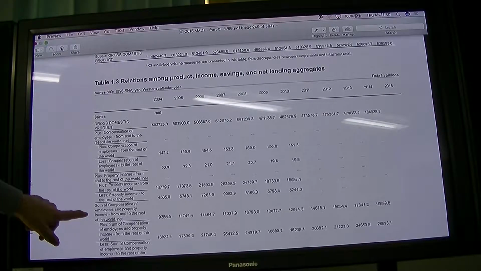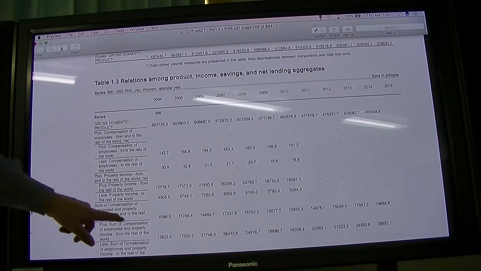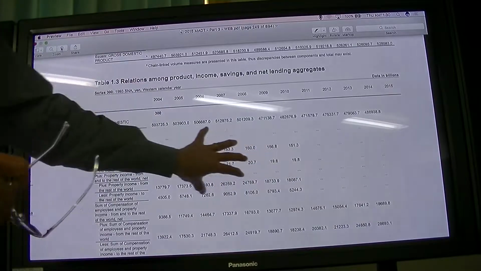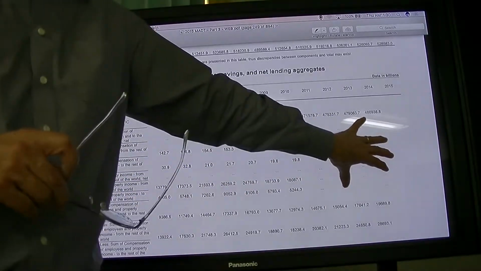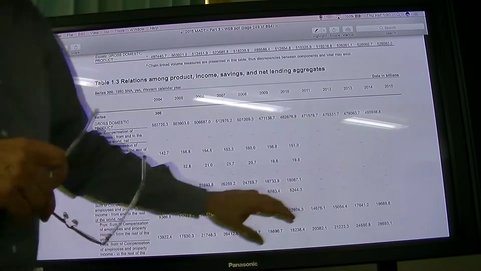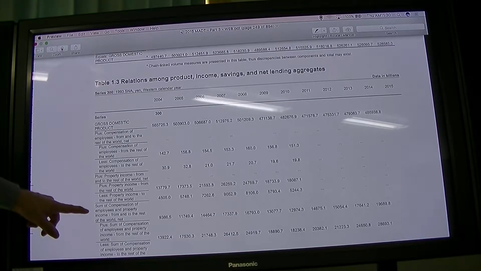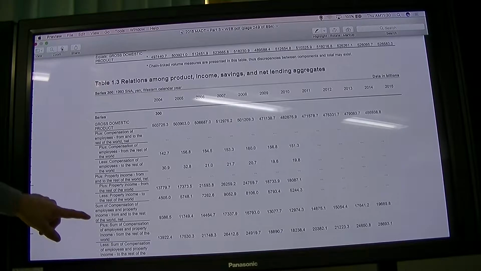I got net figures here. Sometimes there are things missing when you look at that. So here I have the sum of compensation of employees and property income from and to the rest of the world, net.